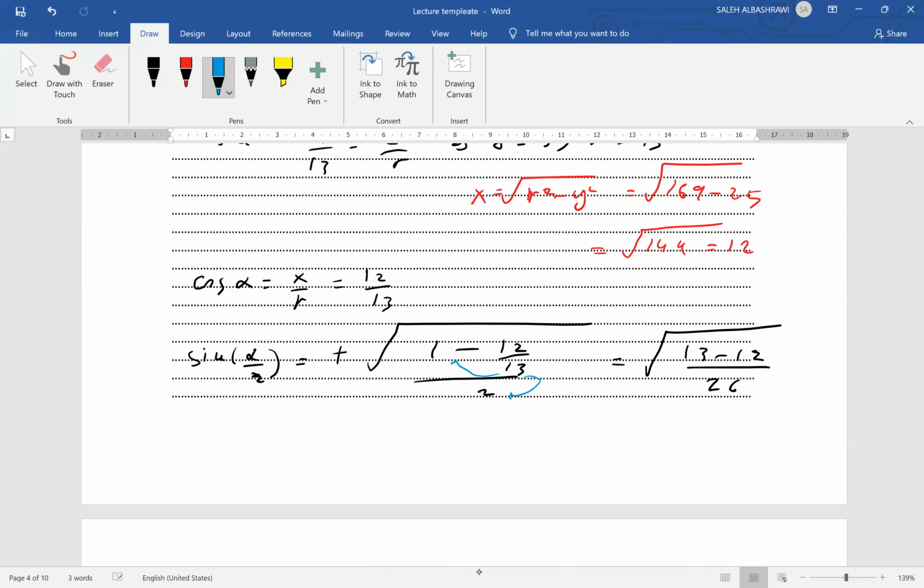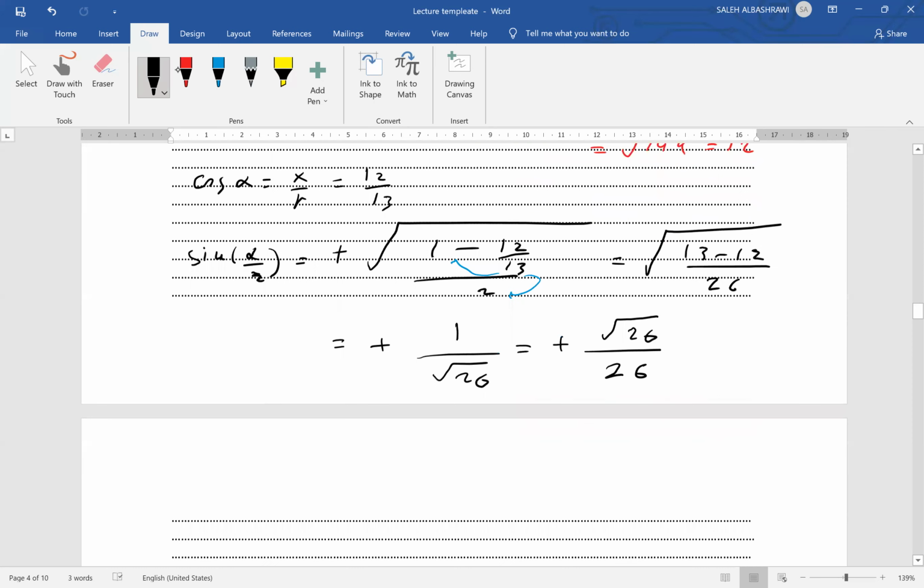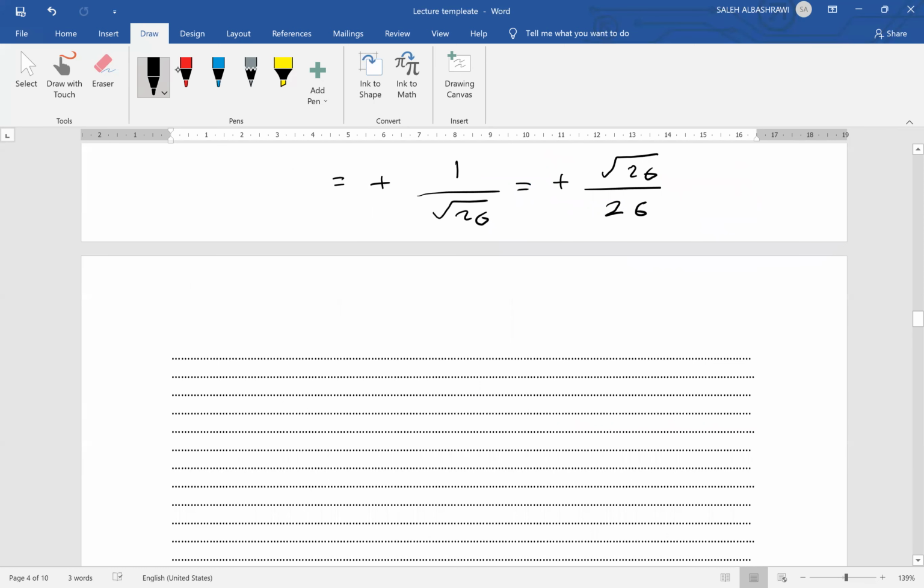It will be 13 minus 12 over 26, which is equal to plus, 13 minus 12 is equal to 1, and the square root is 1 over square root of 26. Or it can be written as plus square root of 26 divided by 26 by rationalizing the denominator. This is sine alpha over 2. For cosine alpha over 2, number 2.